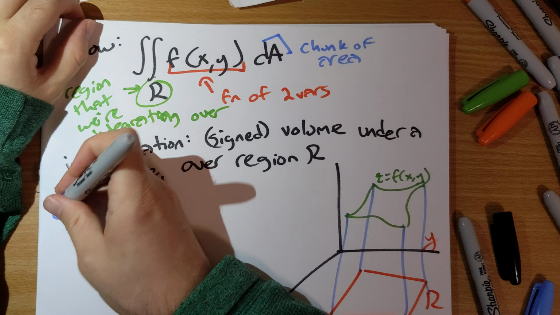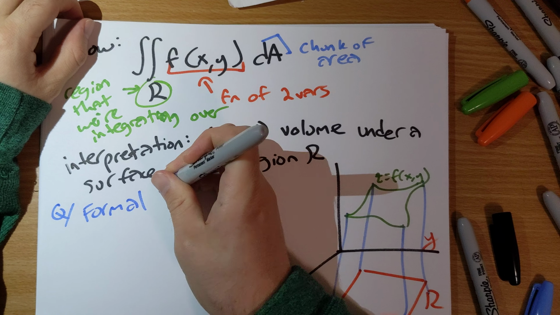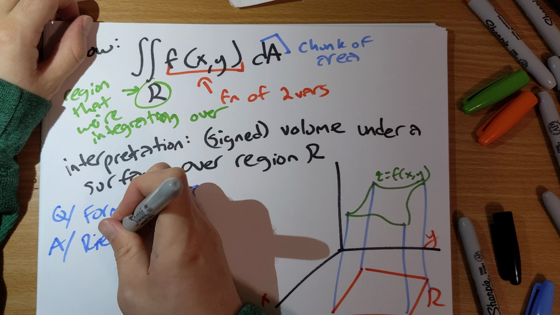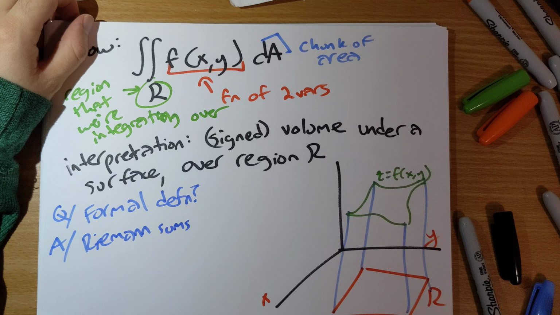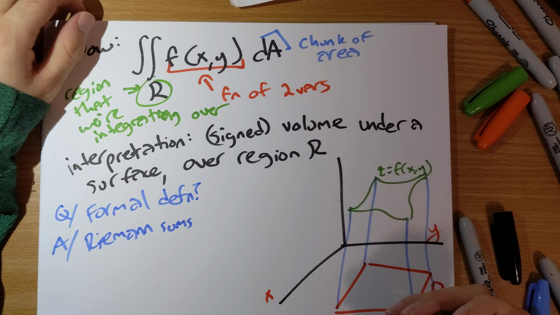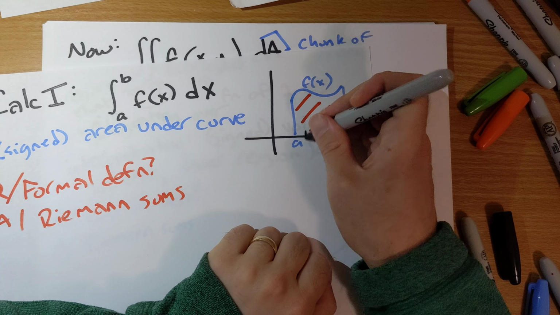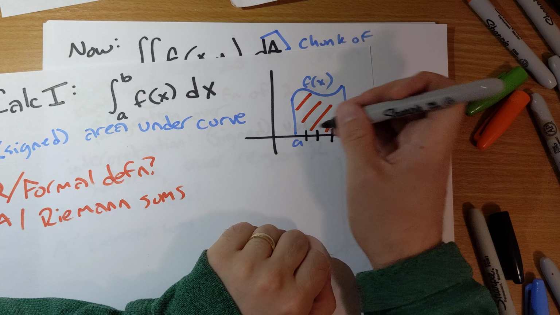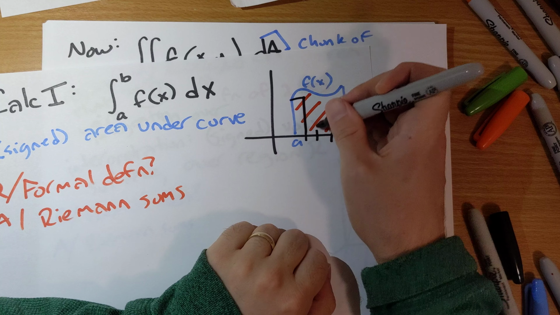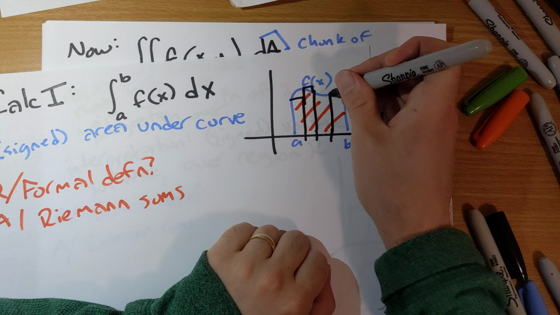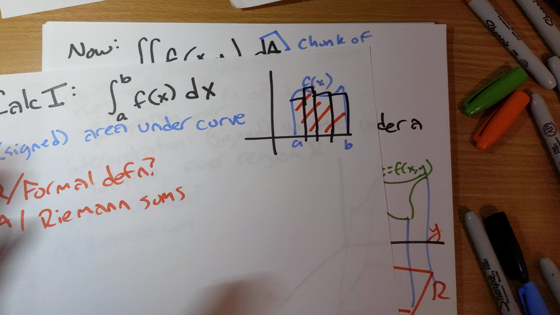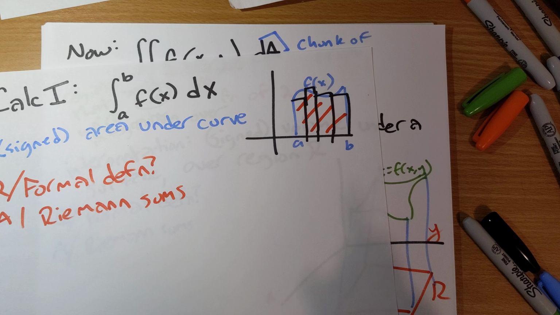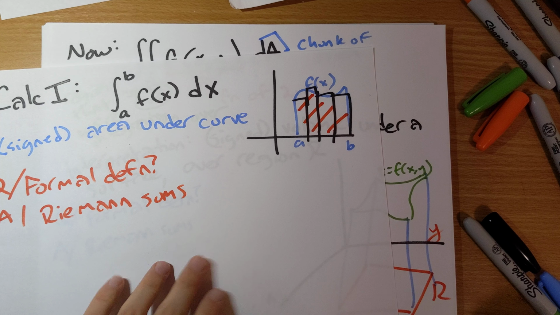A little question here for a formal definition: again, the answer is going to be through Riemann sums, where the idea is that, instead of in one variable land, where we break up this axis into little intervals and approximate, here I'm using left endpoint approximations, add up all of those areas, take the limit as the width of the intervals goes to 0.